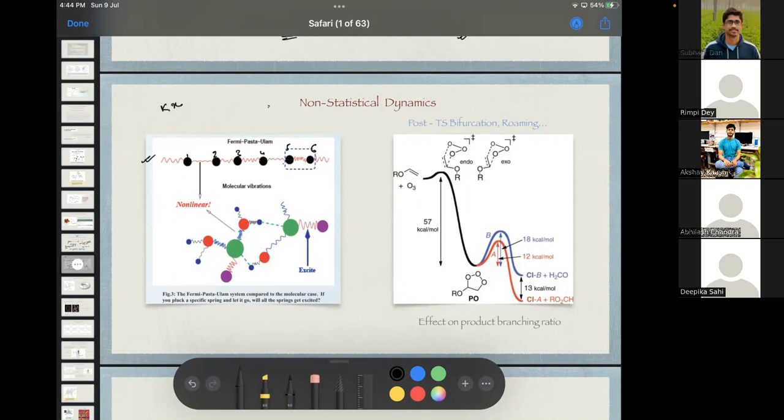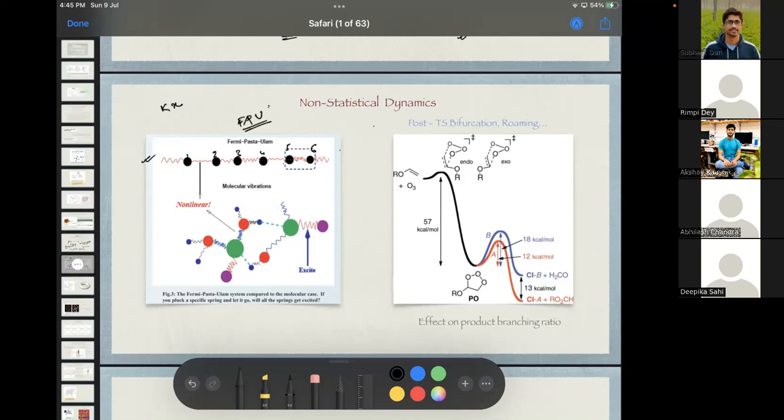So these oscillators are coupled nonlinearly, in a nonlinear fashion. Now this is the famous model of Fermi-Pasta-Ulam. We also call that the FPU model. And many decades ago, they actually studied this model theoretically.